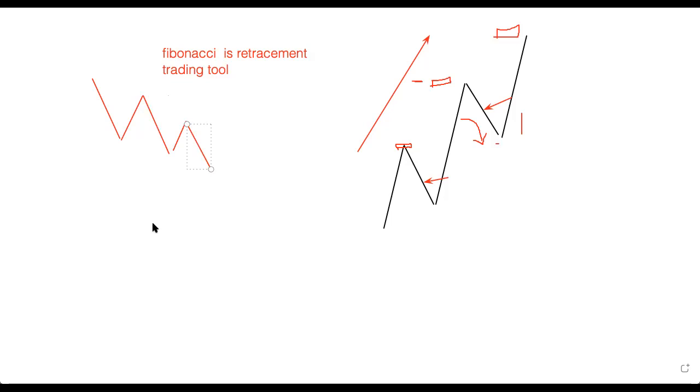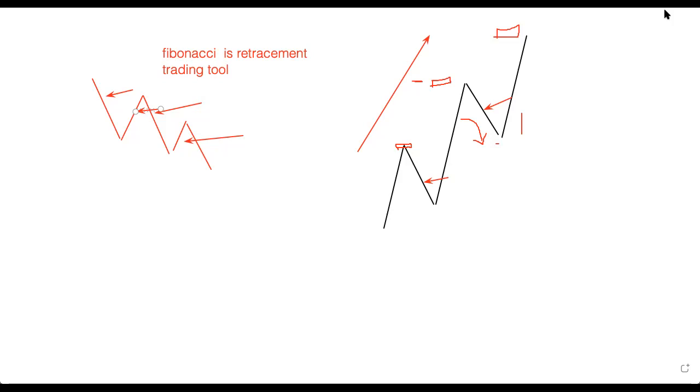So for a downtrend, these are the retracements for a downtrend. Get that clearly.